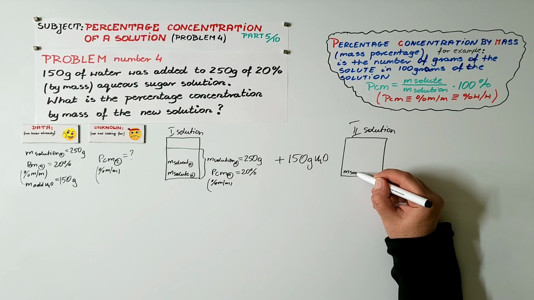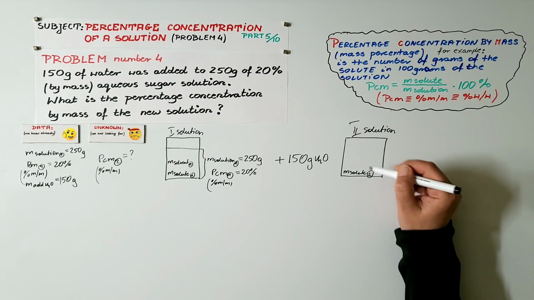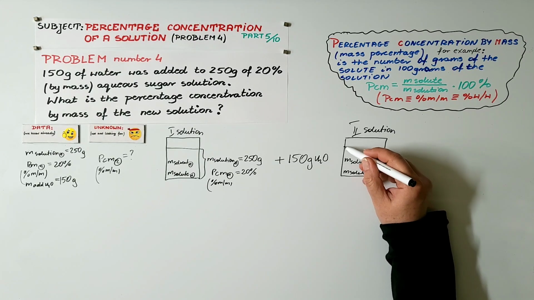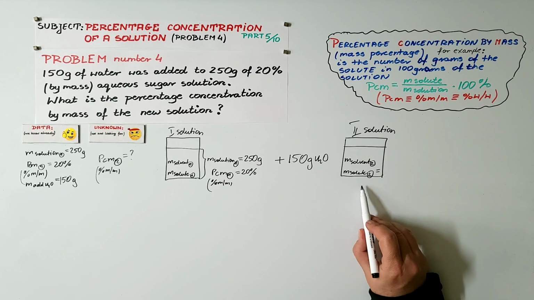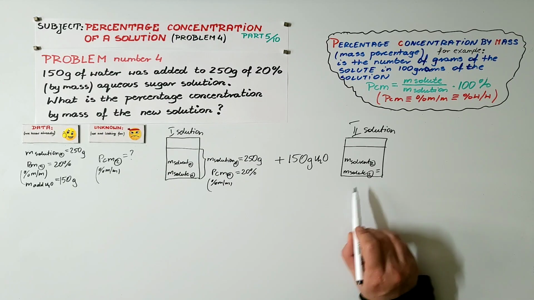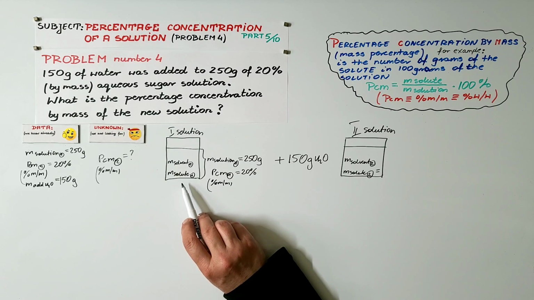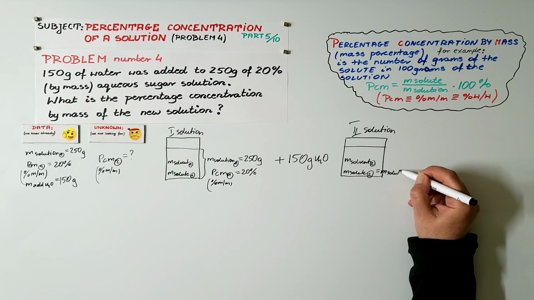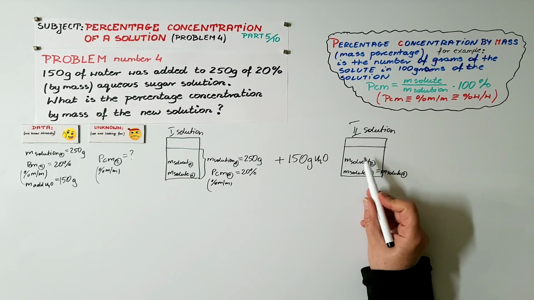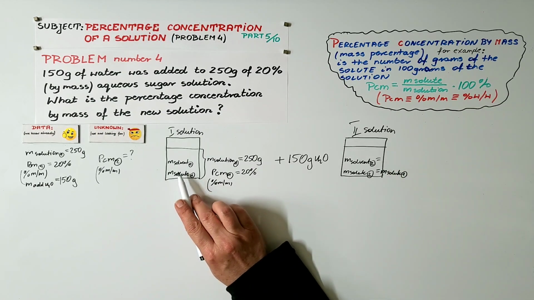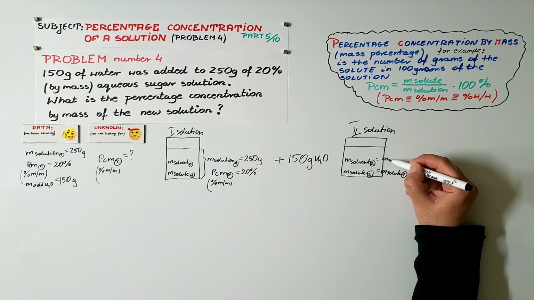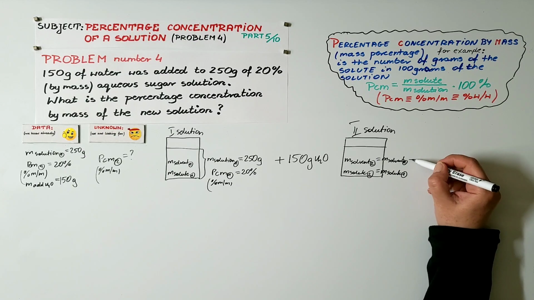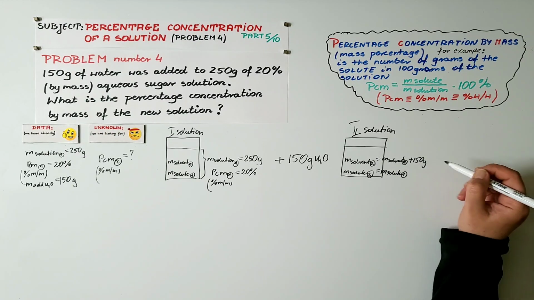So mass of solute 2 and mass of solvent 2. Mass of solute in the second solution is equal to mass of solute in the first solution. Mass of solvent in the second solution equals mass of solvent in the first solution plus 150 grams because we add water.